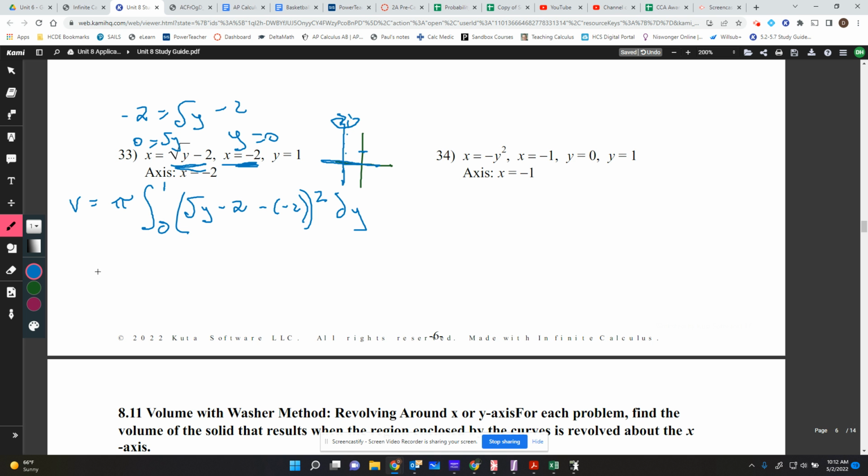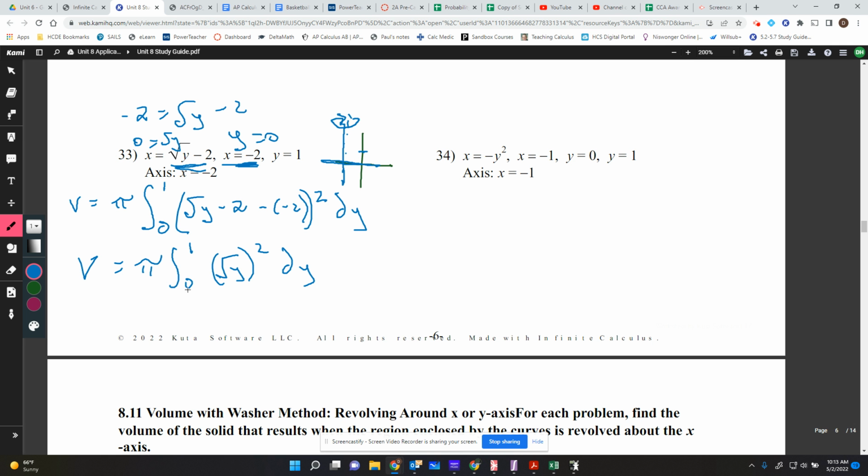So we simplify this. And then square root of y minus 2, this becomes plus 2. So we just get square root of y squared dy. And you can type that in your calculator, or you can just, that one's pretty straightforward.